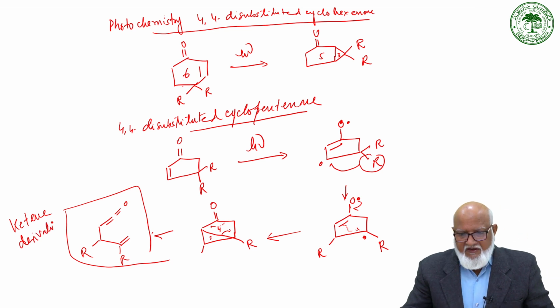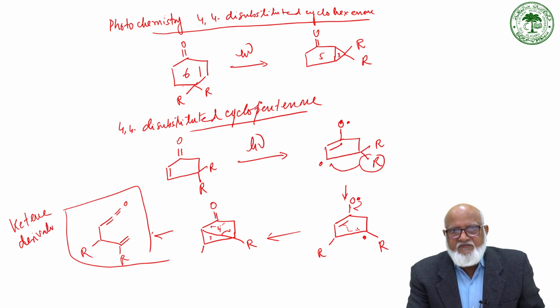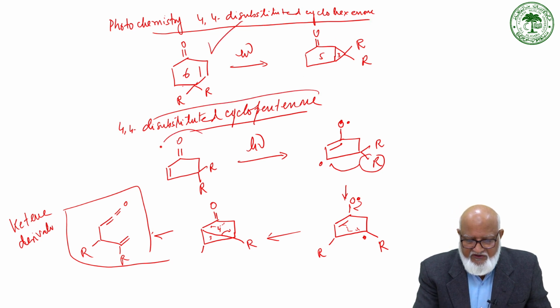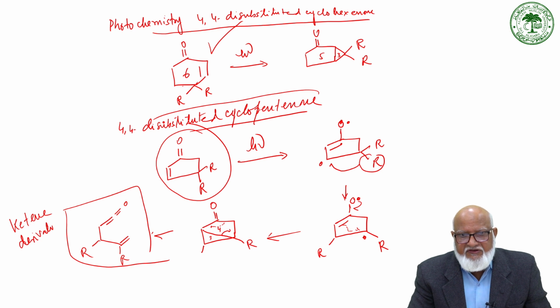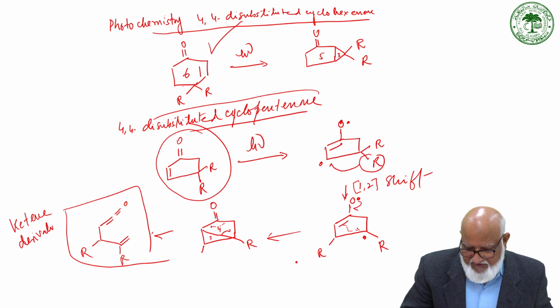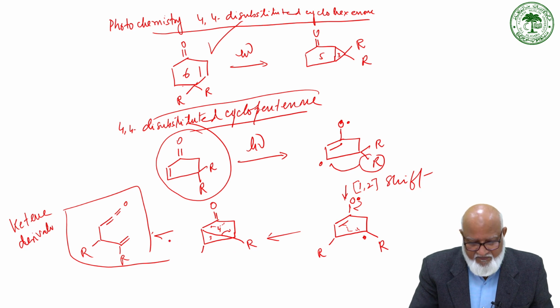So we can see, in contrast to 4,4-disubstituted cyclohexenone, the cyclopentenone undergoes another interesting rearrangement. First the excitation of the carbonyl, then to a 1,4 diradical, and then the 1,2 shift to give a new 1,4 diradical, and then the bicyclic system, and then cleavage of this bicyclic system to give a ketene.